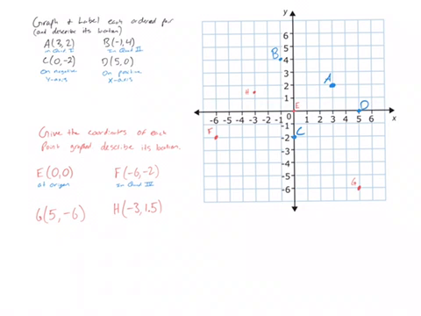Oh, sorry. F is not in the fourth quadrant. F is in the third quadrant. I apologize for that. G is in the fourth quadrant. And then H is in the second quadrant.